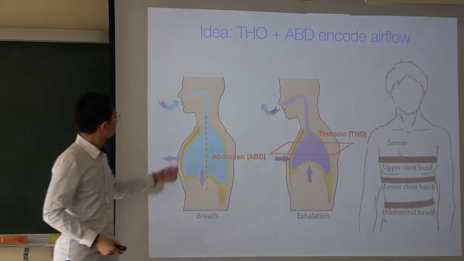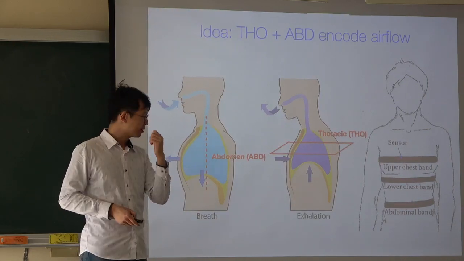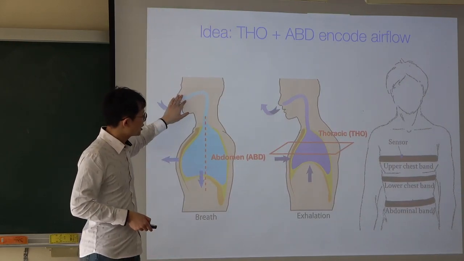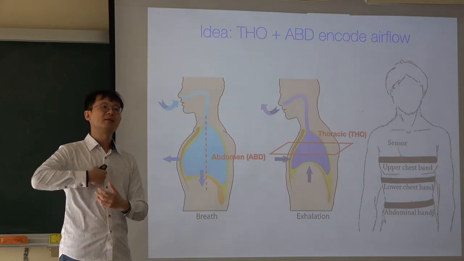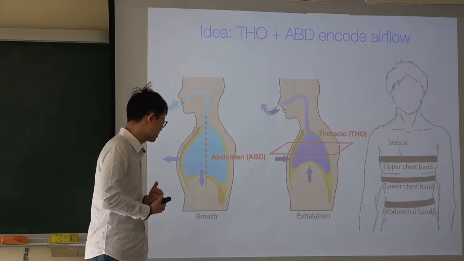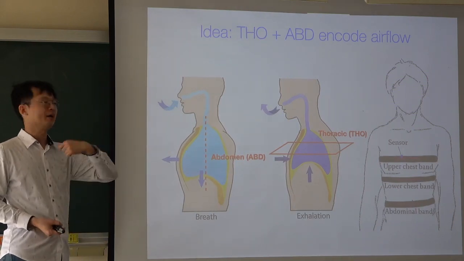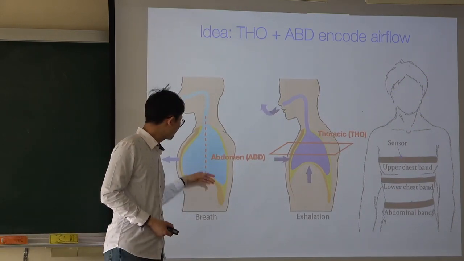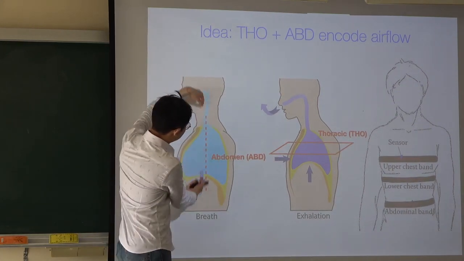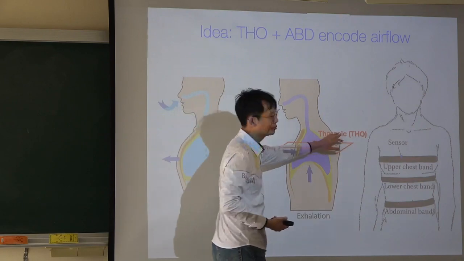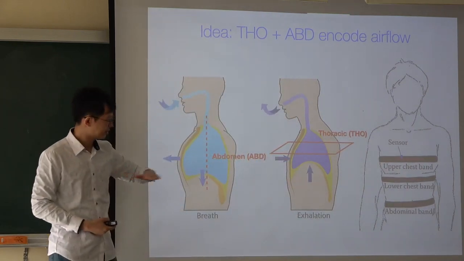And now you know that the airflow signal we can record from our nasal includes how much air is exhaled and how much air is inhaled. And the diaphragm decrease will give you the height, and the thoracic movement will give you the cross-sectional area.